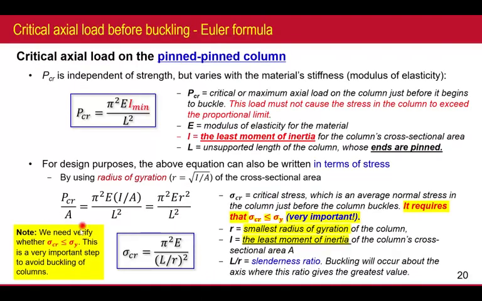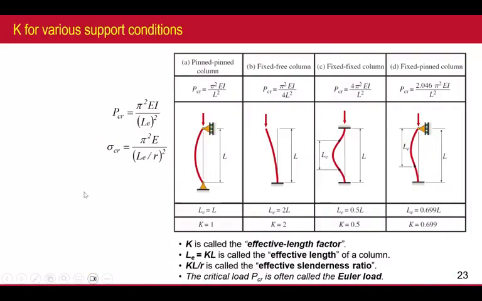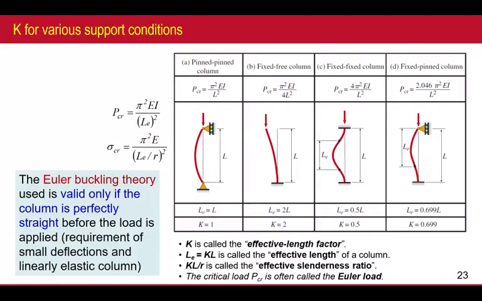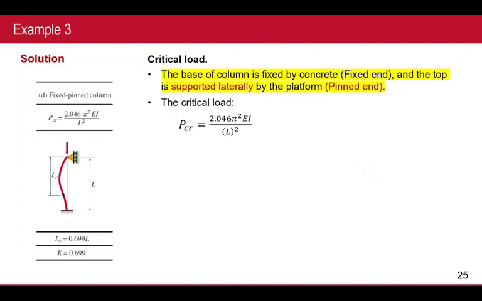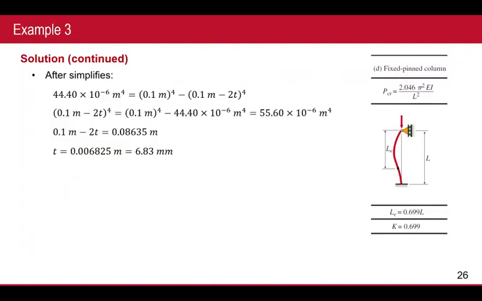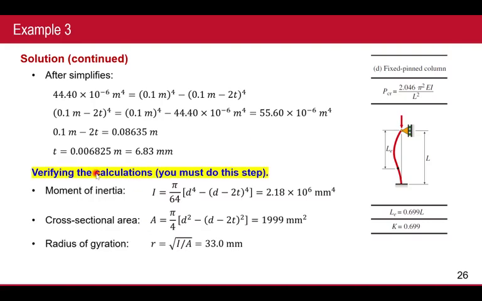You must verify. If we just work here, we assume buckling will happen, but whether it's buckling or not, you must verify. If it's not buckling, all your calculation is not suitable. So that's why we must verify the calculation. You must do this step.